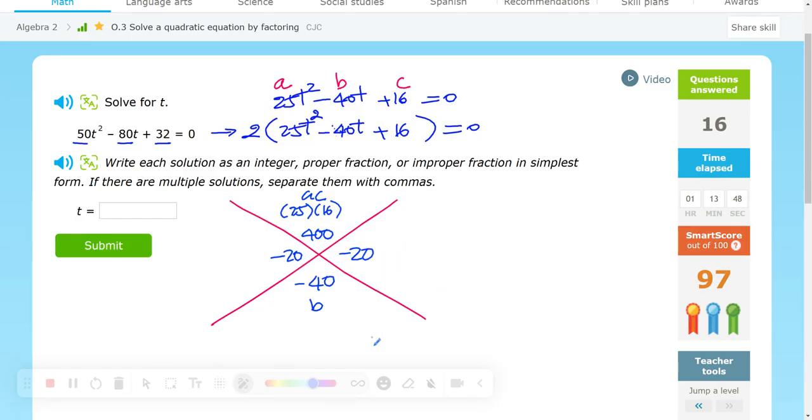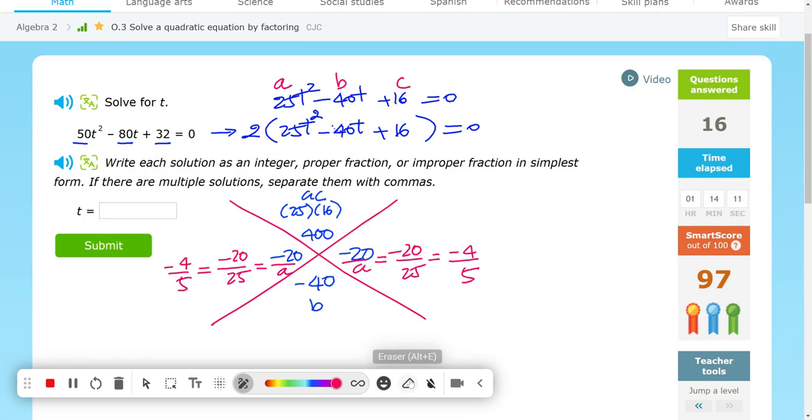Now you're almost done. Do not forget to divide by A. So I divide by A. A happens to be 25. So I simplify: negative 20 over 25, simplify by 5, negative 4 over 5. Same thing over here.